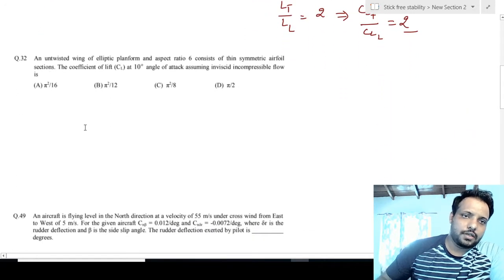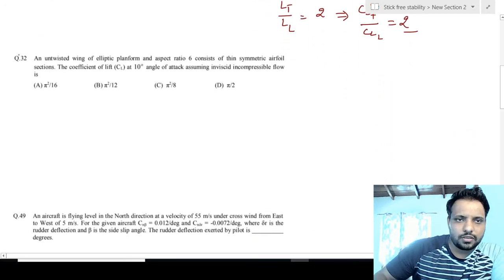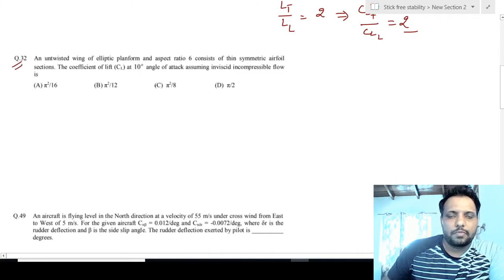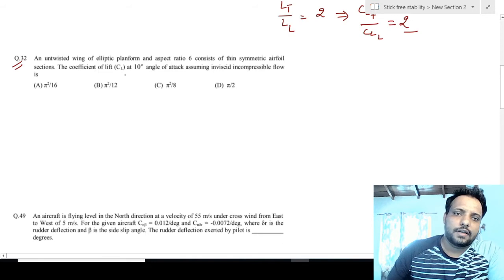Now question number 32. So question number 32 is basically a common topic of aerodynamics and flight mechanics. So an untwisted wing of elliptical planform and aspect ratio 6 consists of thin symmetric airfoil sections. The coefficient of lift CL at 10° angle of attack assuming inviscid compressible flow is.